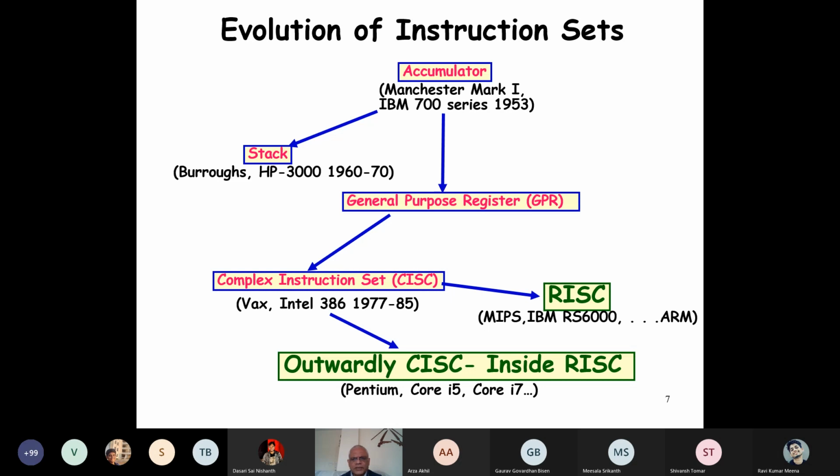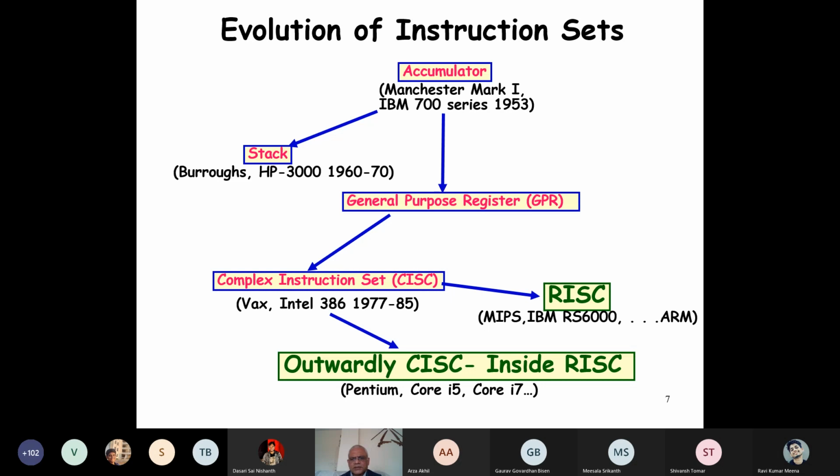They wanted to go for RISC, but they could not because of this legacy issue that they were already in the CISC. So what do they do? Pentium, Core i5, i7, etc. They are outwardly CISC, inside RISC.